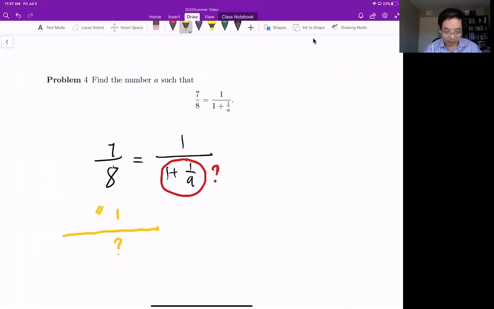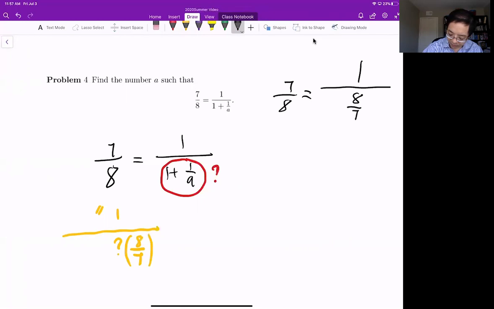You see, this is basically the reciprocal of a fraction, right? So we know if you want to do the reciprocal, or the division between fractions, you should flip it. So what you should have here is 8/7. In other words, 7/8 equals 1 over 8/7.